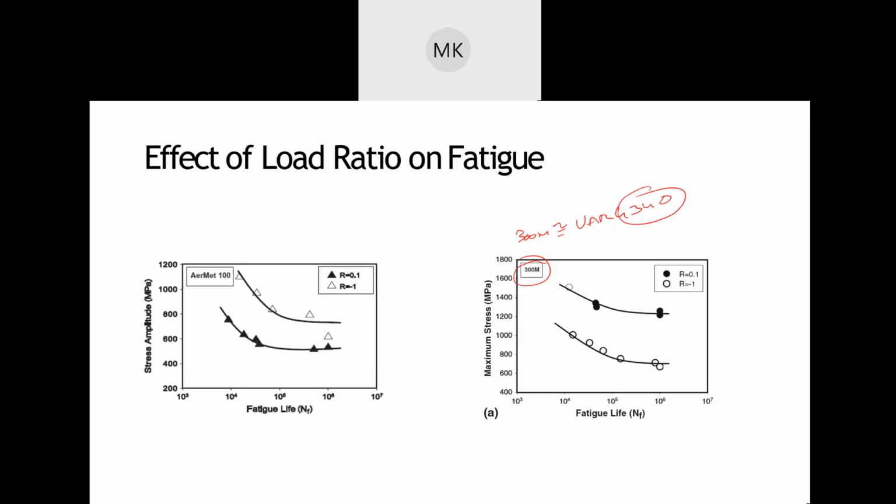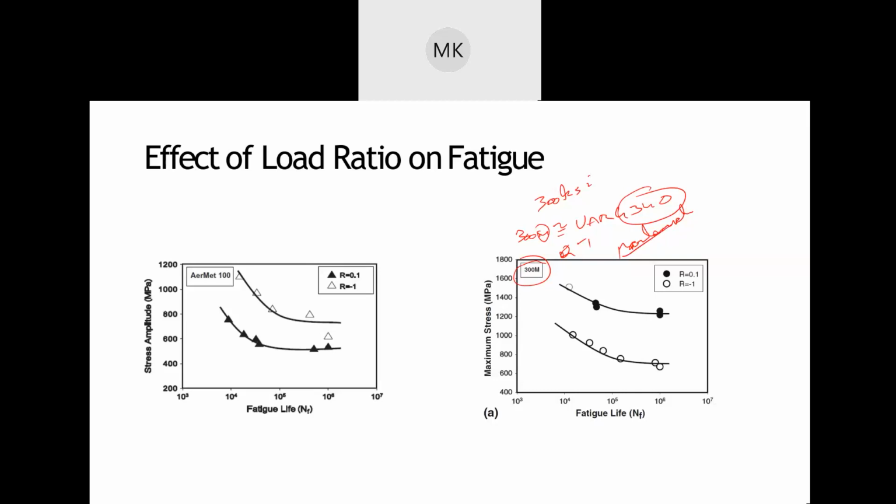It has a 300 ksi strength. That's why it's called 300M. M is basically the type of heat treat. It's quenched and tempered, so you have a martempering heat treat or microstructure. That's basically what is called 300M.